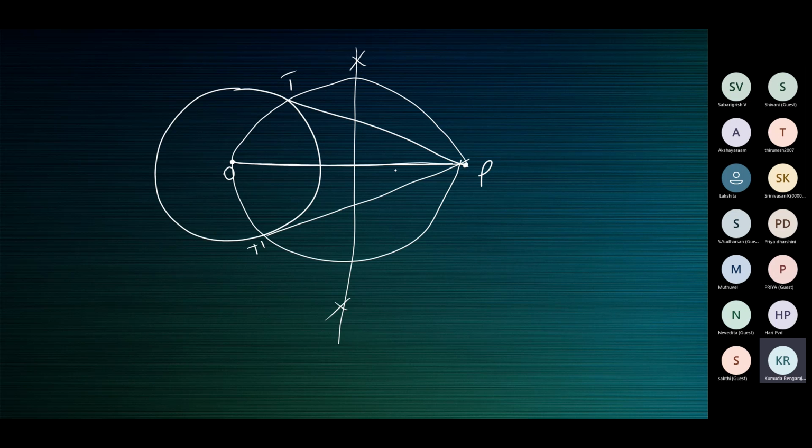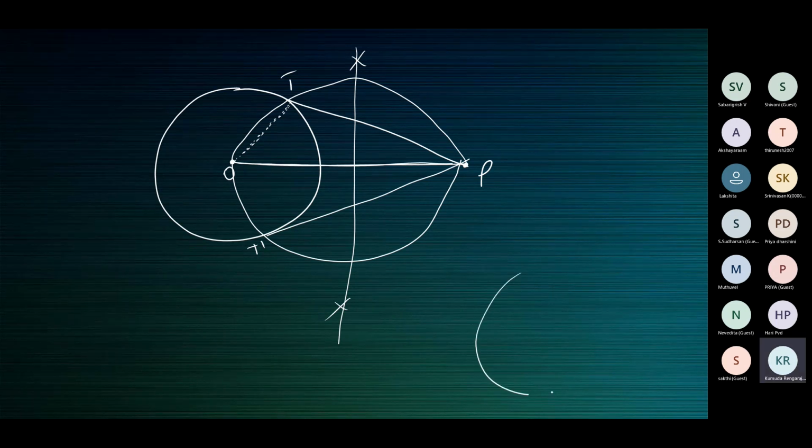If I join OT, this is the radius of the original circle. Forget that now, I'm just joining OT. Now for the new circle, OP is the diameter, and OT is only a chord.